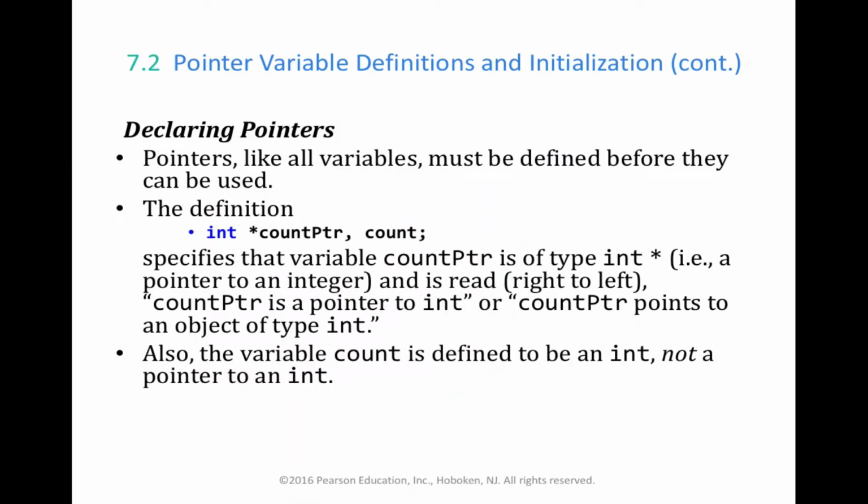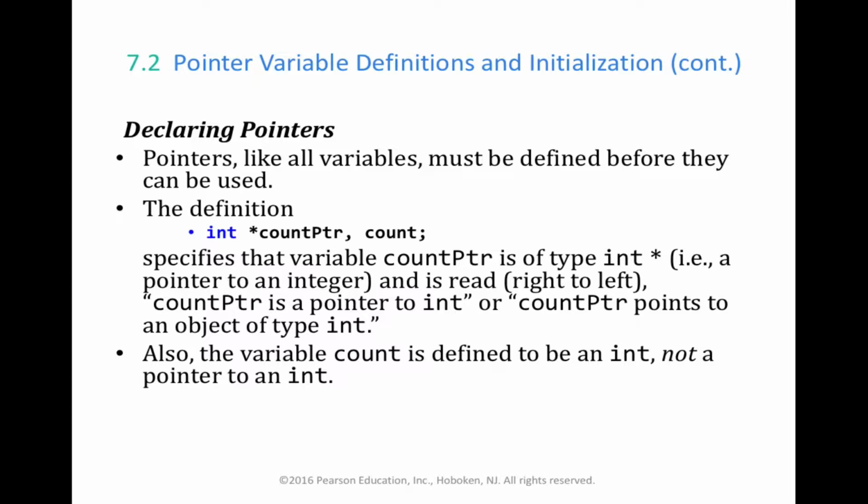Of course, like any type of variable, we do have to define the pointer before we can use it. We do that by using the data type and then an asterisk to indicate that that item is going to be a pointer. So the variable count pointer is a type of int star, which is a pointer to an integer.